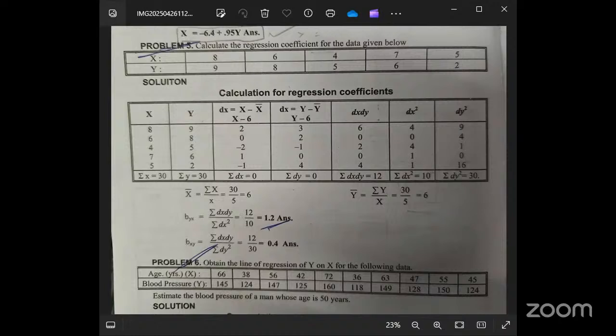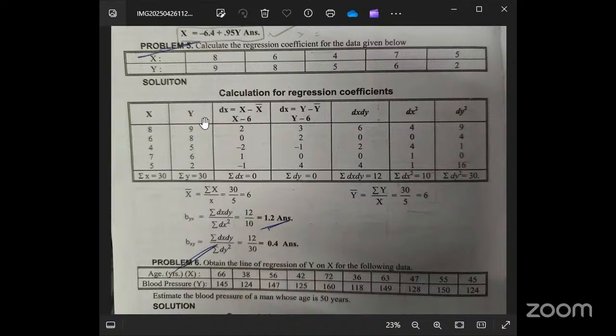Here we need to find bxy and byx. As usual, it is mandatory to find the total of x and the total of y, then dx square, dy square, then dx into dy. That is common for finding the regression coefficient. So we need to do the tables as usual. There is no exemption for that.